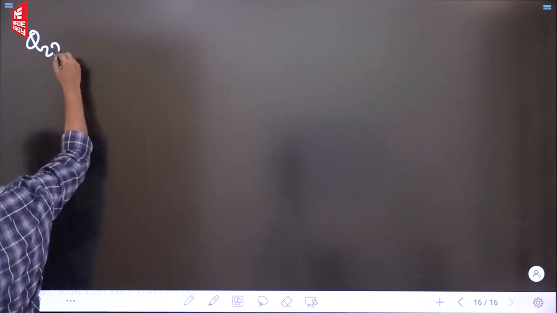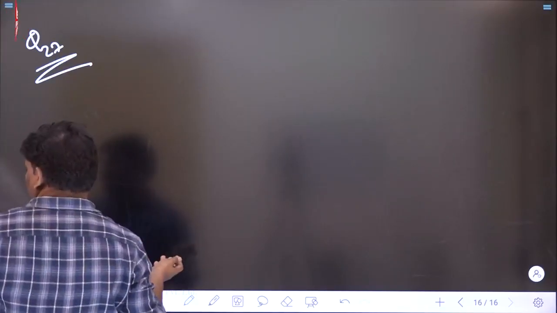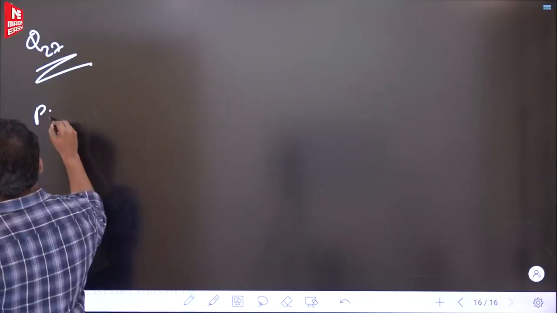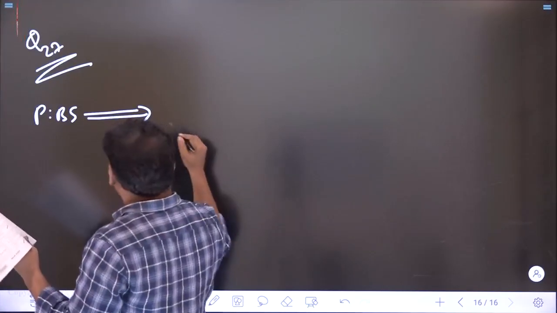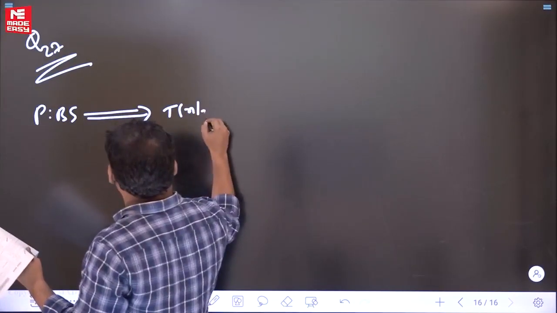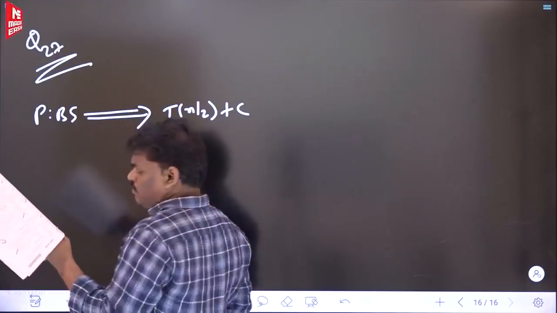Question number 27. I think some recurrence relations are given, right? Recurrence relations are given, names are given, you have to map. P, binary search, what is the recurrence relation? Binary search, you will go only one side after a constant time.